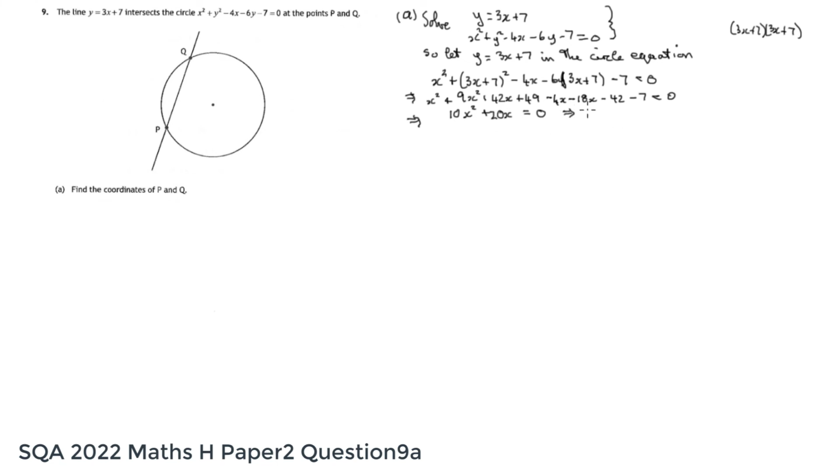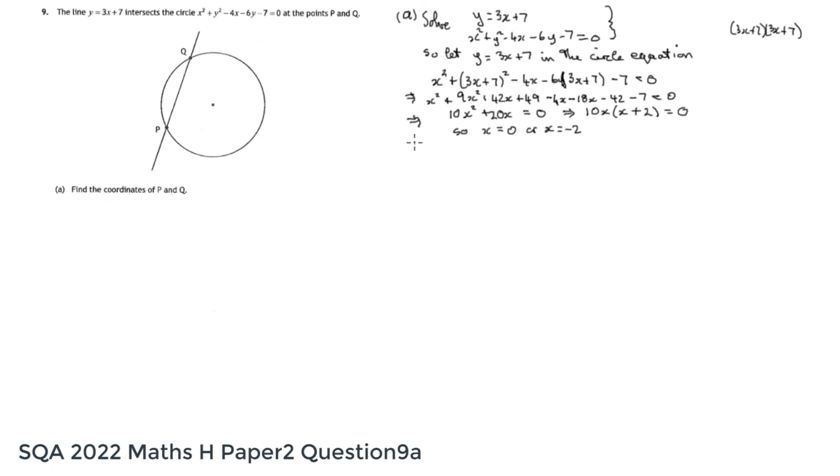There's a common factor of 10x in there, leaving x plus 2. So we've got 10x times x plus 2 equals 0. So either x is 0 or x plus 2 is 0. So if x plus 2 is 0, x would be negative 2. So we've got two possible solutions. We've got x equals 0 or x equals negative 2. So two values that give this expression a value of 0.